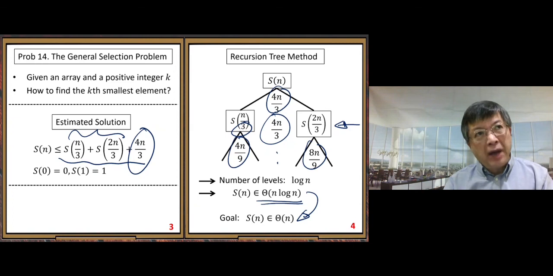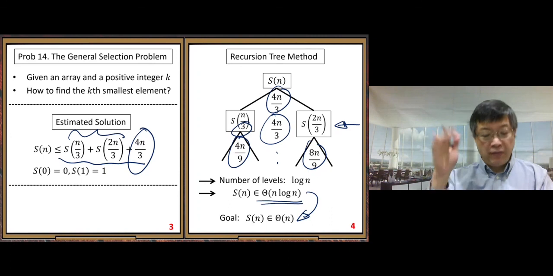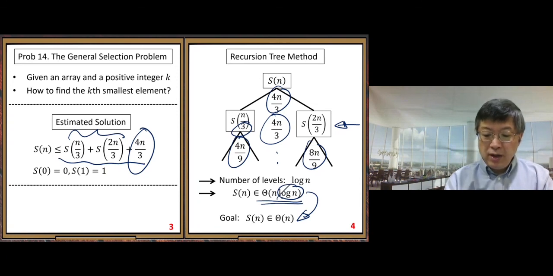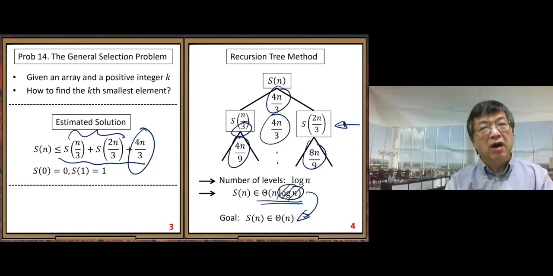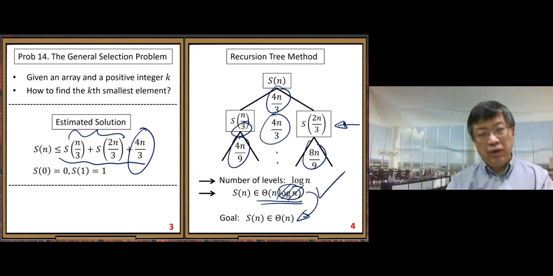So we cannot get what we want using this 3-element partition. Still a little short. This log factor is still there, and we don't want this, because if we allow this log n, we could just sort the array at the beginning and already get this kind of performance.